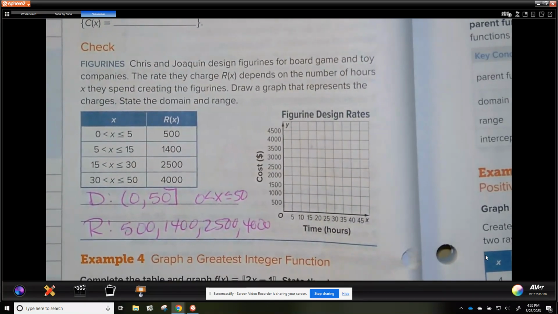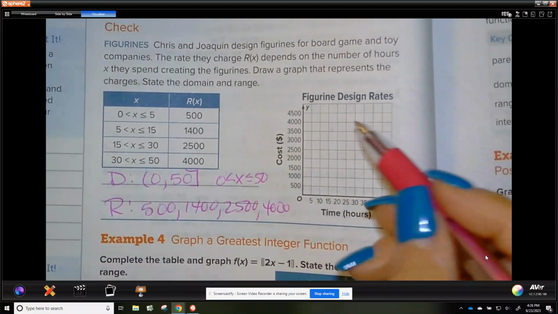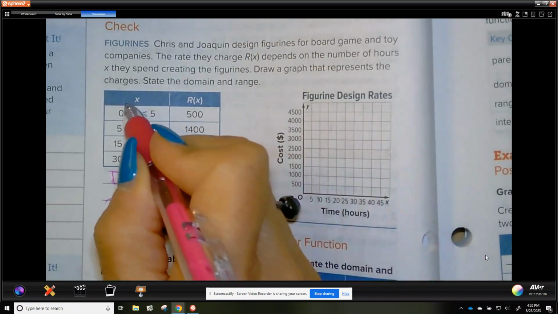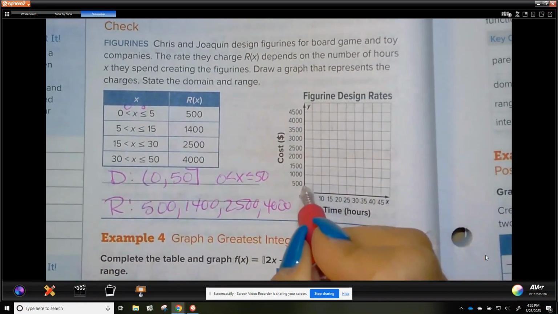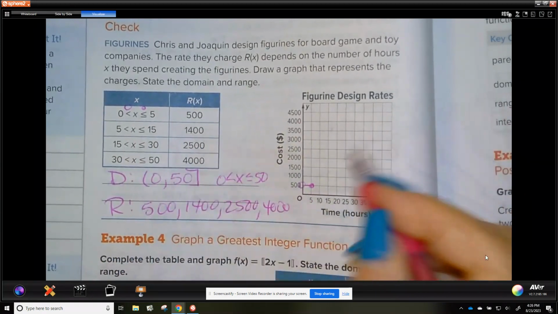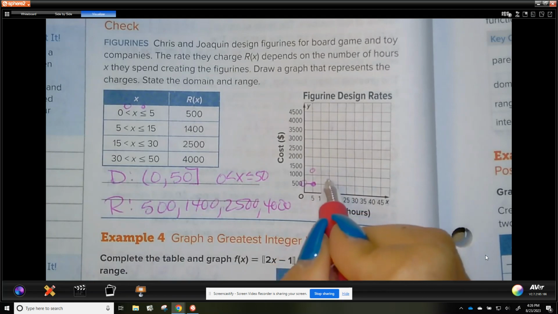So I'm just going to have 4 segments on this graph. From 0 to 5, I'm going to be at 500. Remember, we have an open dot and a closed dot. 5 to 15 is 1400, so that's about right there.